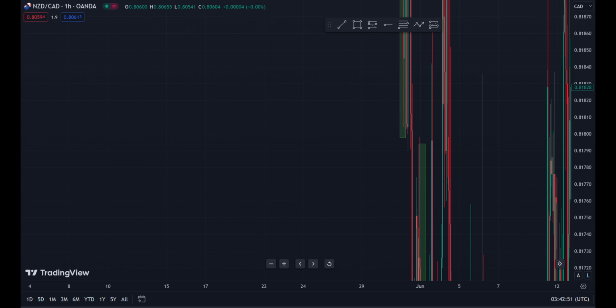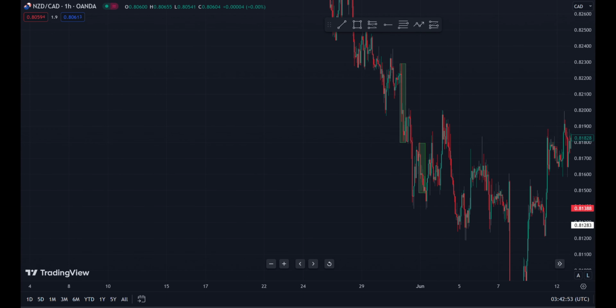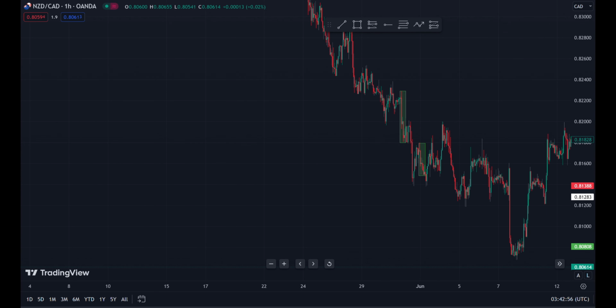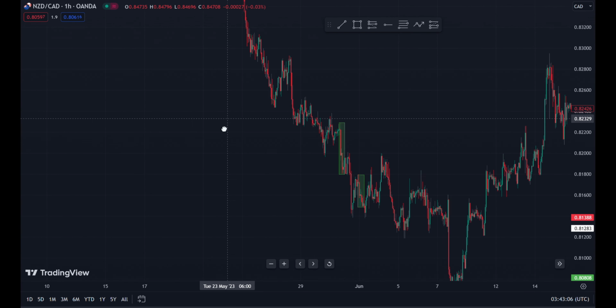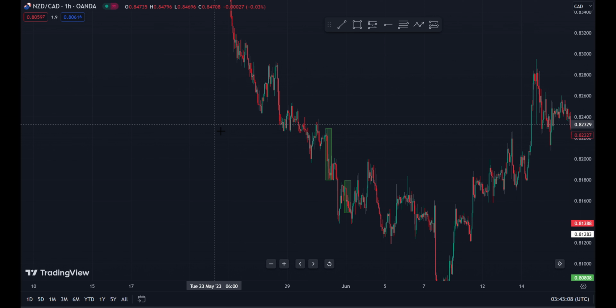On others, yeah, we have some setups here. This is NZD CAD, you can see just right here. So we spot right away this movement, drop.